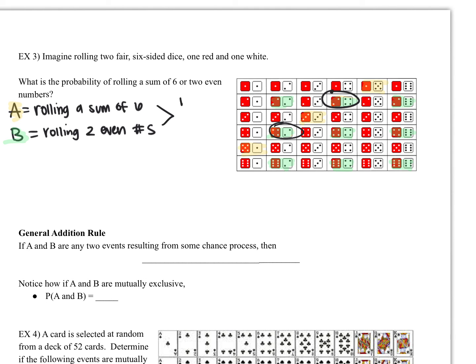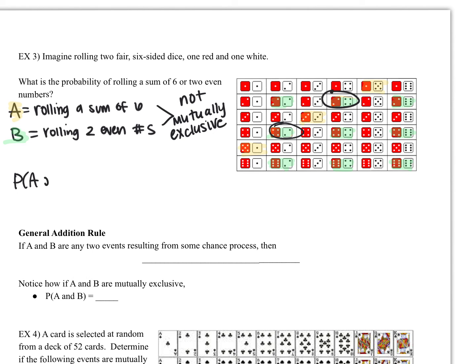So these are not mutually exclusive. I have outcomes that appear in both events. So I can't just add my 2 events together. What I have to do is take the overlap because I don't want to add something twice.